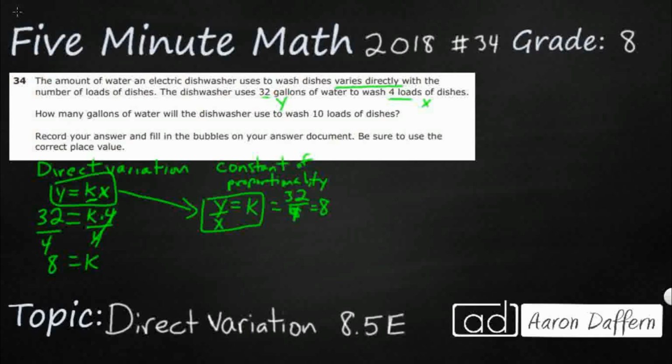All right. So now that our k is 8, what are we going to do here to figure out the gallons of water for 10 loads of dishes?